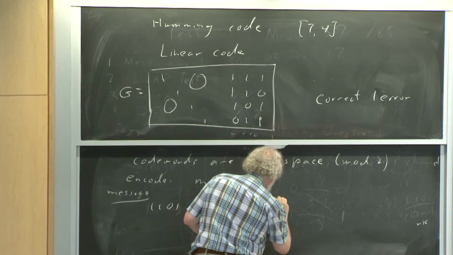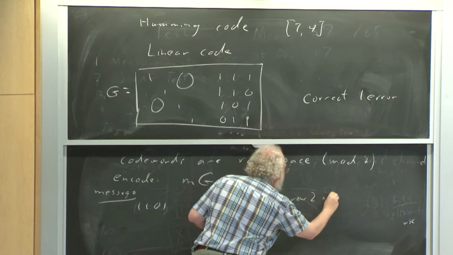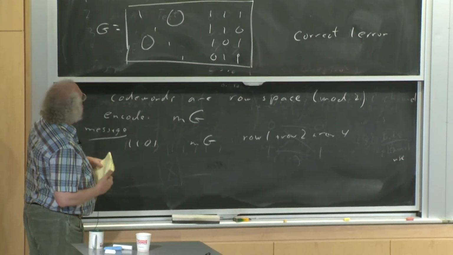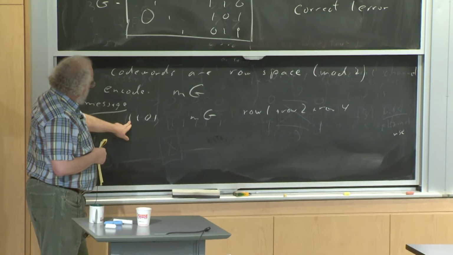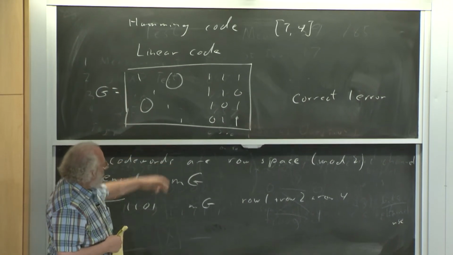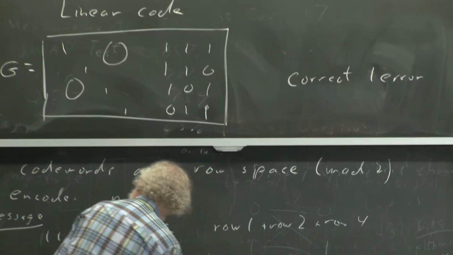So it's row 1 plus row 2 plus row 4. So that's in the row space. And the first 4 bits, you multiply by the identity. So this is equal to 1, 1, 0, 1.